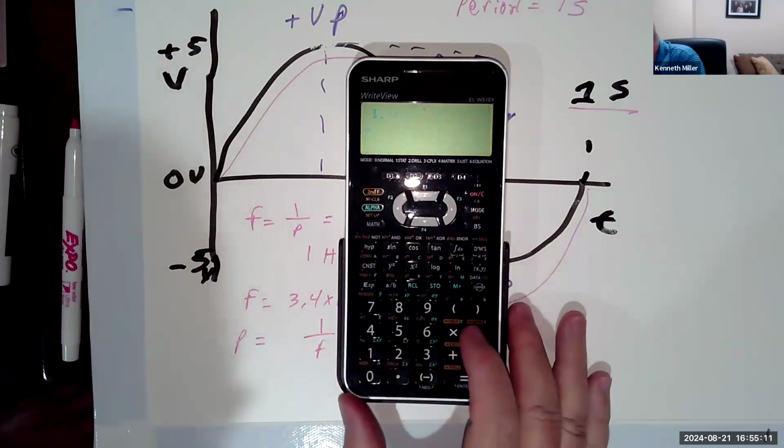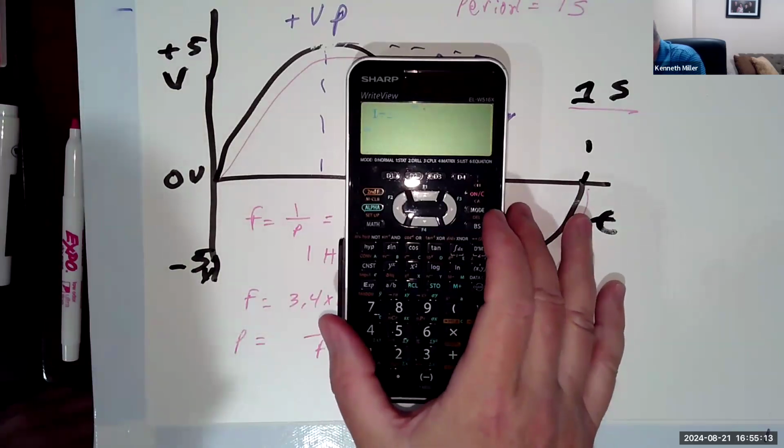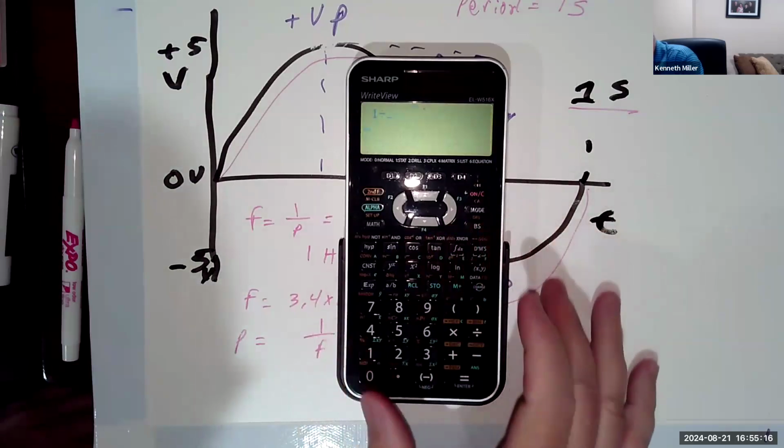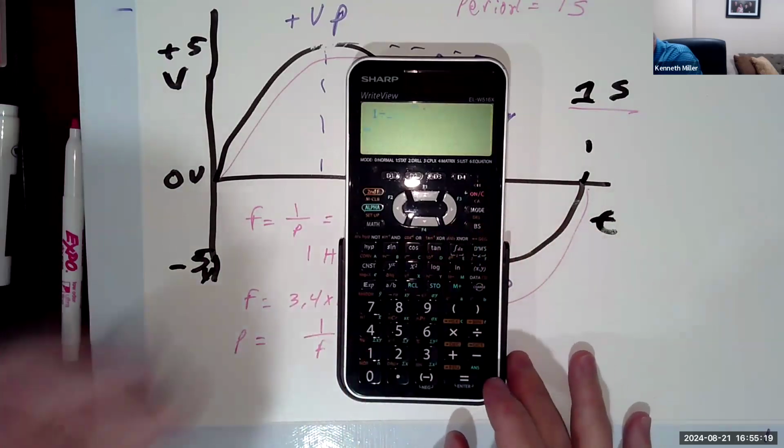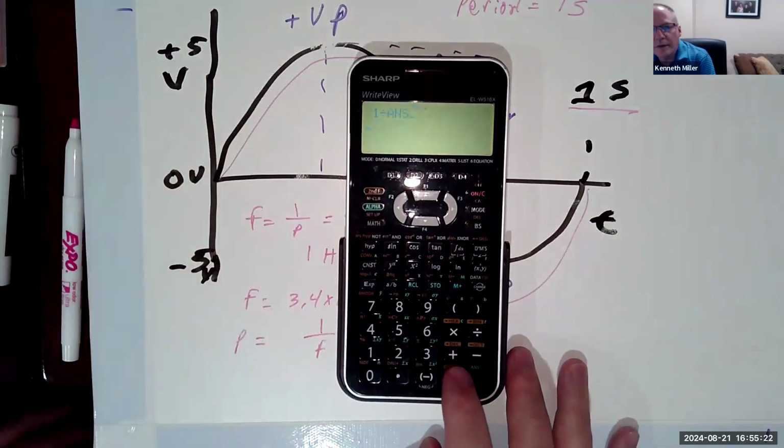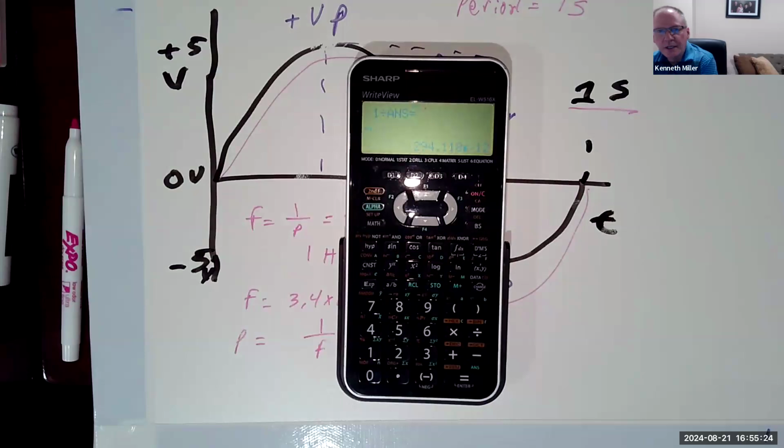So if I take 1 divided by my answer here, it's 1 over that, which would be 294, and then into the negative 12th, which goes milli, micro, nano, then pico, right? So it's 294 picoseconds, right? 10 to the negative 12.